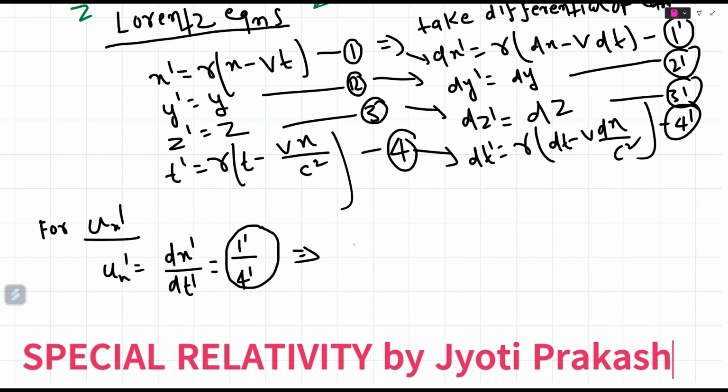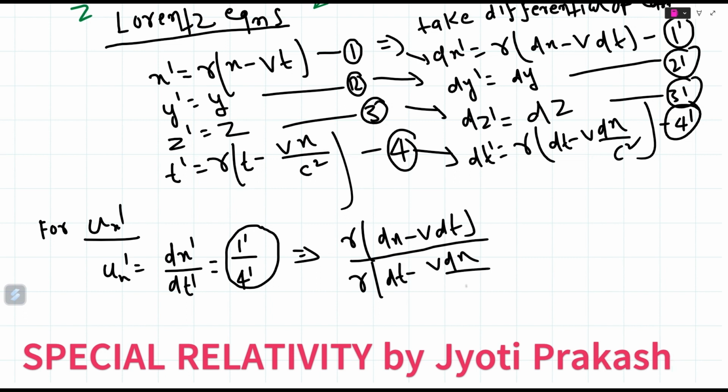You just put gamma (dx minus v dt) divided by gamma (dt minus v dx by c square). The gammas get cancelled.